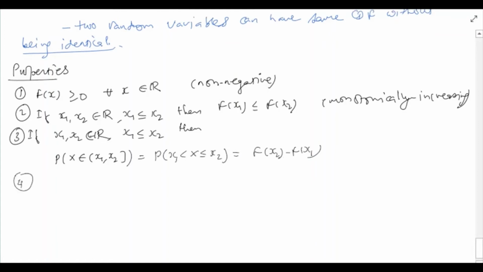Fourth property says that limit epsilon tends to 0, F(x plus epsilon) is F(x) for all x in R. That is, CDFs are right continuous.